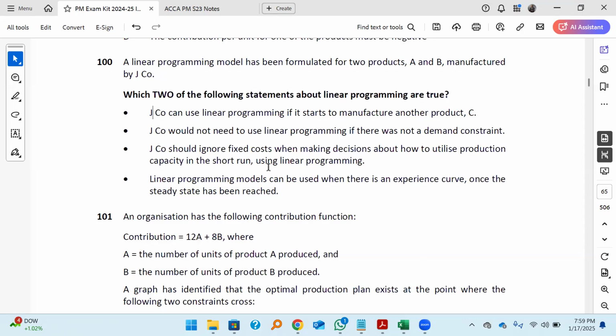In sections A and B they can also give you things to discuss, but also things to calculate. But they will never ask you to do a linear programming from scratch.